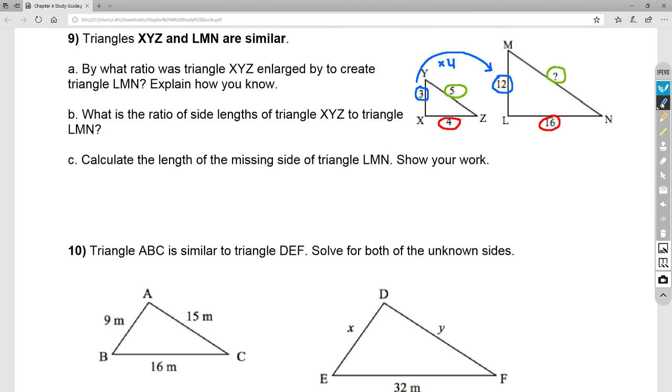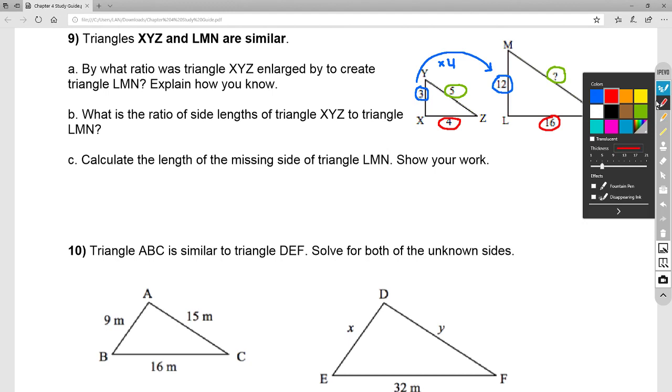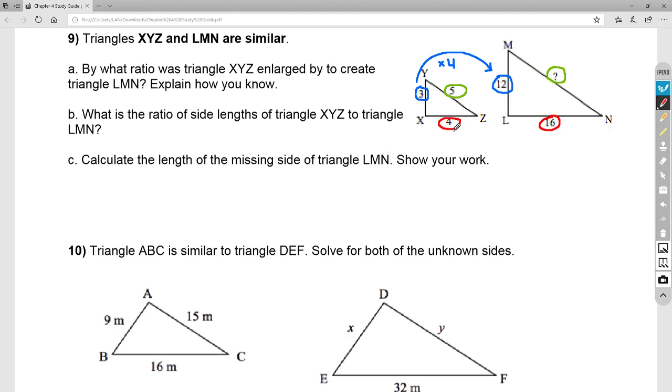Now remember, it's always either multiplying by a certain number or dividing by a certain number, never adding or subtracting here. And we can also look at the red sides to determine, are we multiplying by 4? To get from 4 to 16, indeed it is also times 4. So I know to get that missing side, I would also need to multiply by 4.